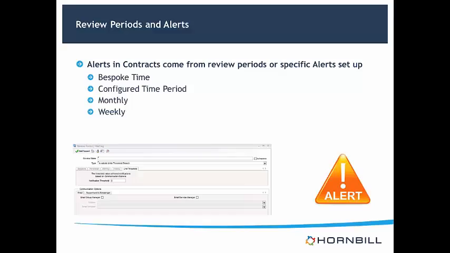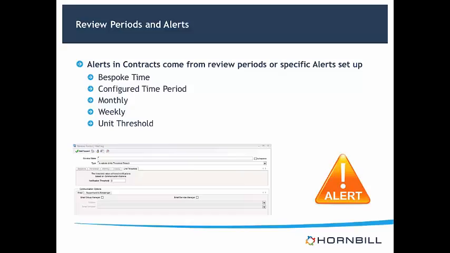Monthly, weekly, I won't offend you by going into what those might be. And we've also got a unit threshold, which is related to the number of support units that you can actually use against those times.